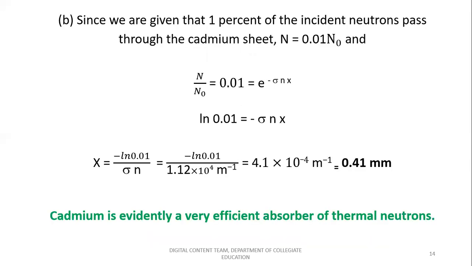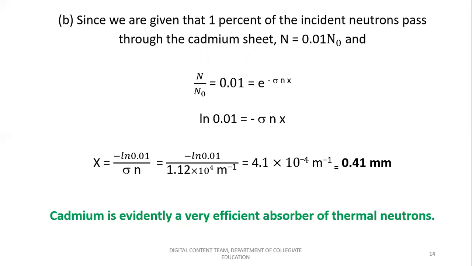When 1% of the incident neutrons pass through the cadmium sheet, we can write the expression N equal to 0.01 times N naught, since 1% survives out of N naught incident particles.